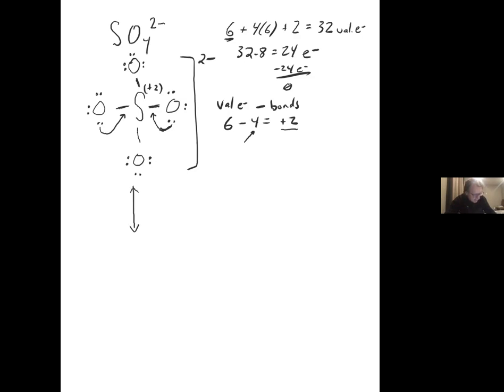So now what are you going to have? You're going to have a double bond on the left and a double bond on the right, and then single bonds up and down. Okay, so now we're only going to have 2 lone pairs here.